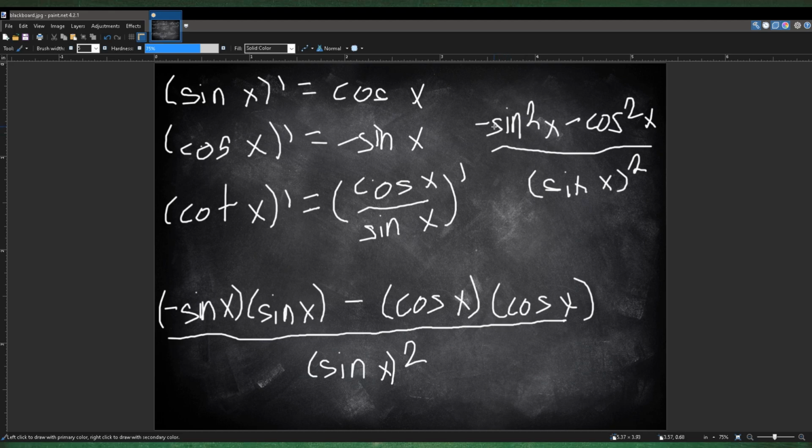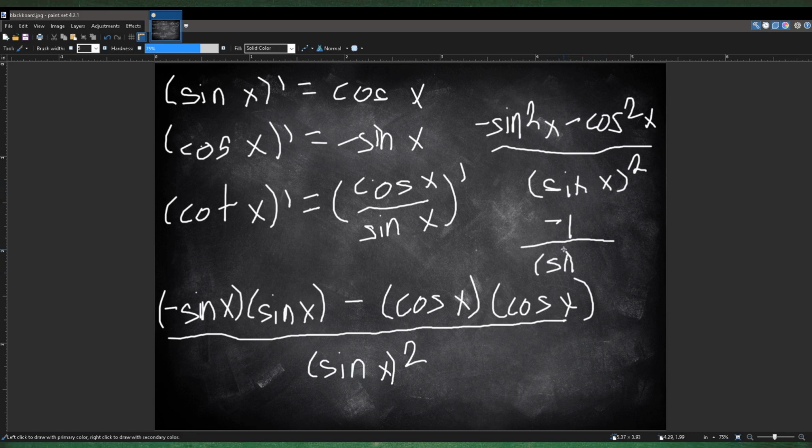So if we distribute out the -1, it's basically sine squared of x plus cosine squared of x, right? And that is the same thing as 1, as I said before for tangent of x. We have a negative for that, so it's just -1. So negative sine squared of x minus cosine squared of x is just -1. Sine x squared we just leave as that.